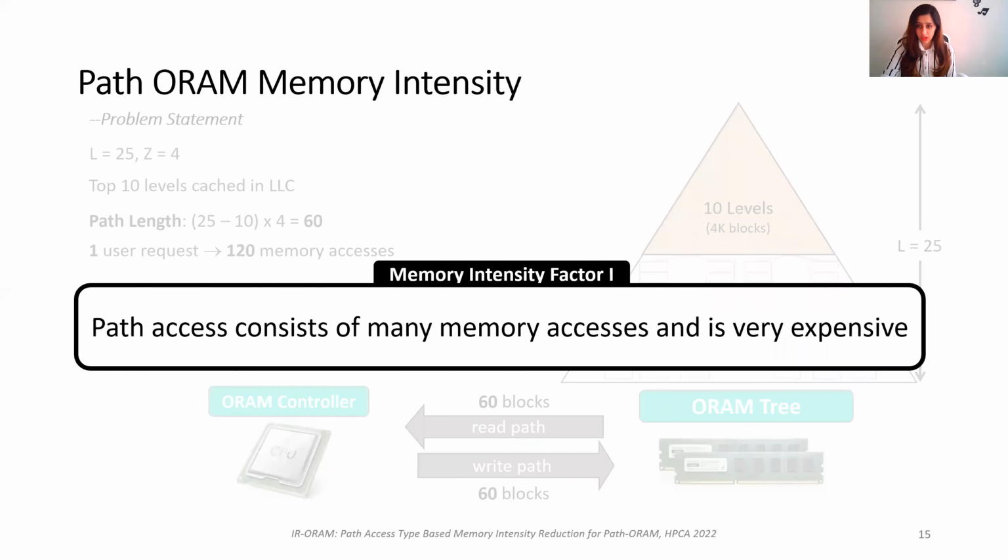So a path access consists of many memory accesses, and it is very expensive. We refer to this as the first memory intensity factor of Path-ORAM. Later on, we explain how IR-ORAM reduces this intensity.